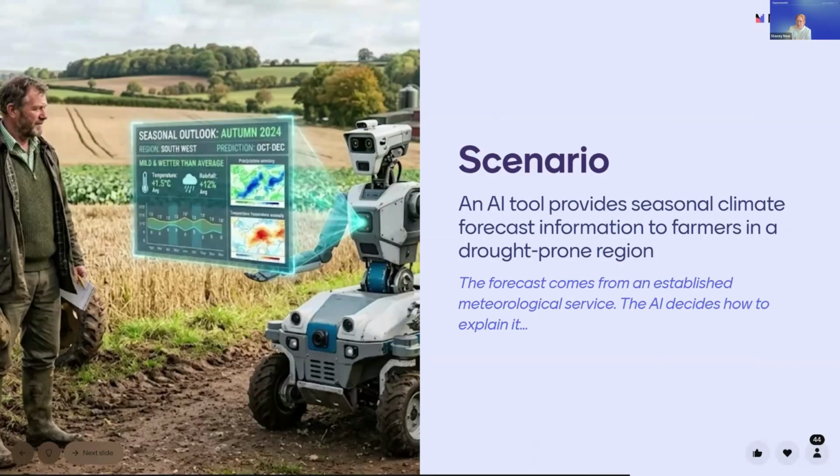It's not been produced by the AI, it's just been produced using conventional models. The AI is basically deciding how to explain it, how to simplify it, and how to give that information to the farmer. So it really is on the LLM side producing the explanation rather than the data itself.